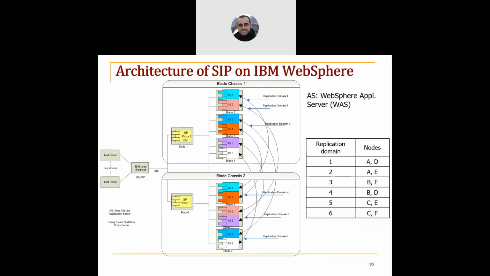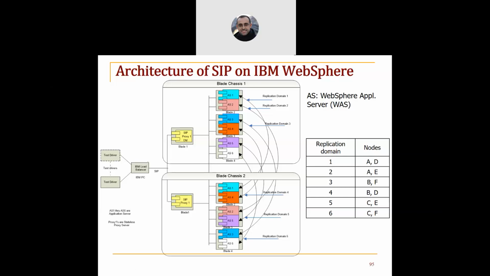So this is the picture given to me when I started this modeling project. These are two blade center chassis, chassis 1 and chassis 2. There are 4 blades in each chassis, blades 1, 2, 3 and 4. Each blade had a Linux operating system.